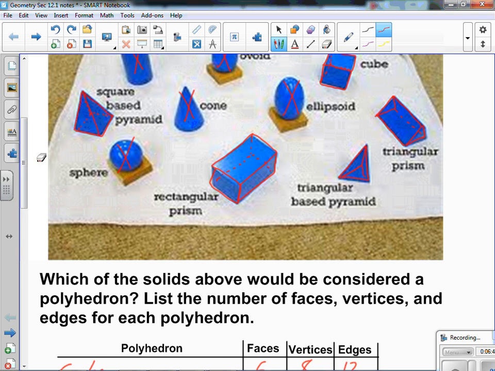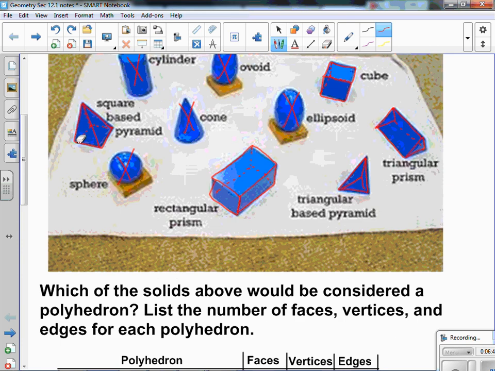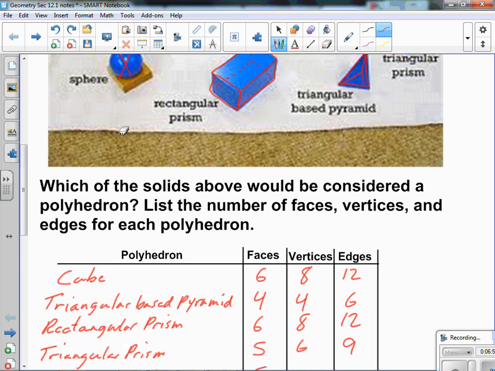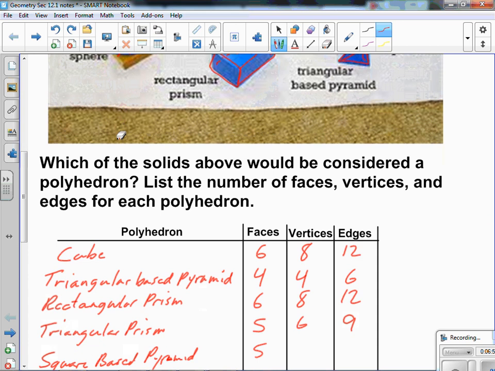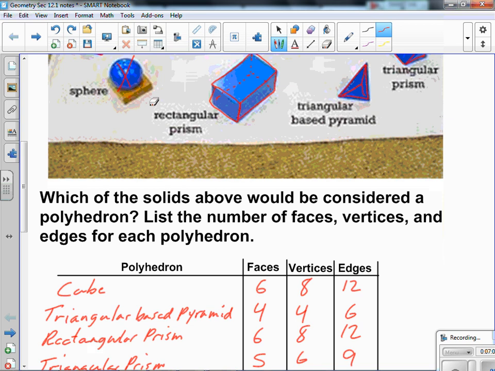And then 4 triangles going around the sides, so it's going to be 5 faces. For the vertices, we got 1, 2, 3, 4 on the bottom, and 1 at the top, so 5 vertices. And then the edges, we got 1, 2, 3, 4 on the sides, and 1, 2, 3, 4 on the bottom, so 8.